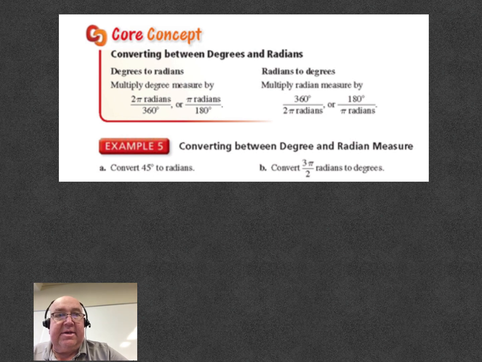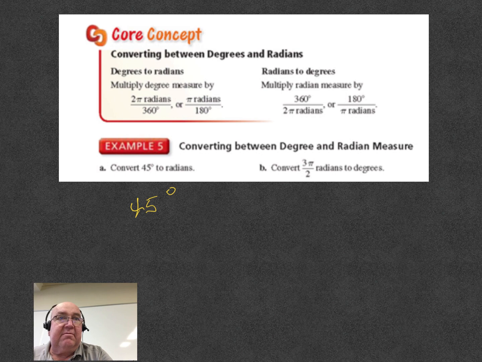Alright, so converting radians. So radians again are a measure of a circle. So first off, we have 45 degrees, and we want to convert it to radians.